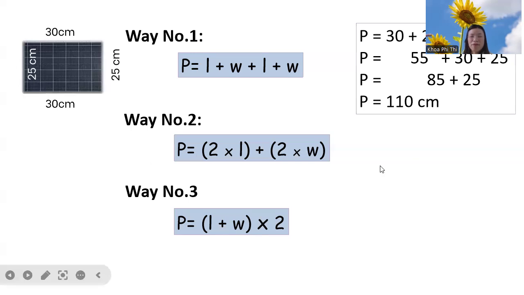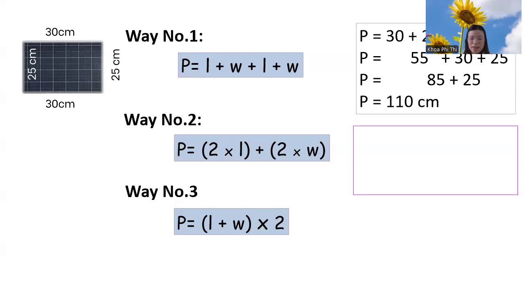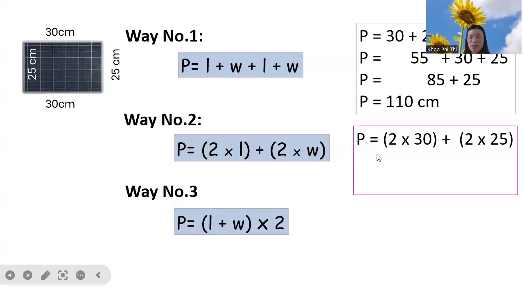Okay, let's see the way group 2 applies way number 2 to calculate the perimeter. Now group 2 is using way number 2. He groups length and width. Now he groups, yep, length plus length.